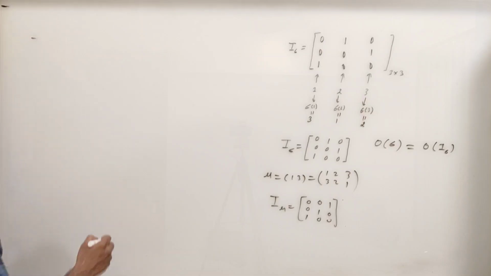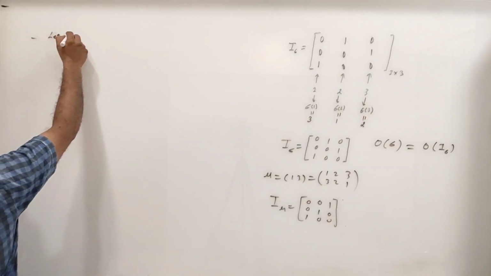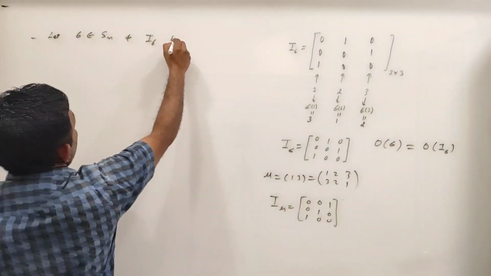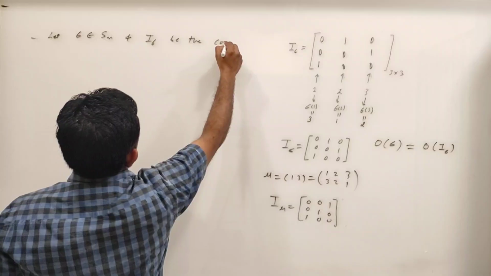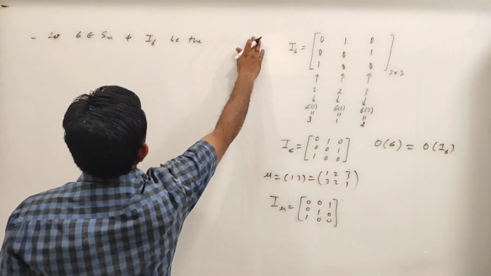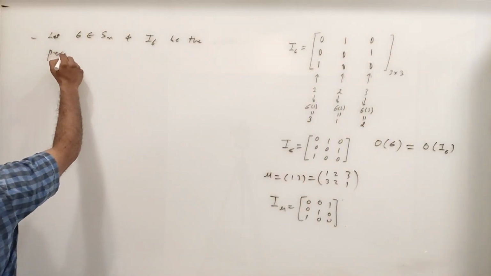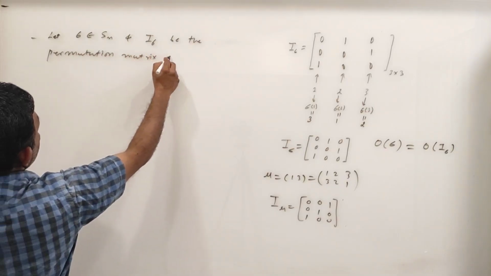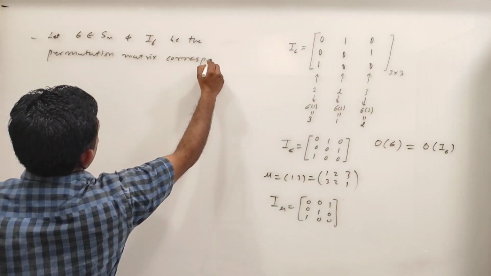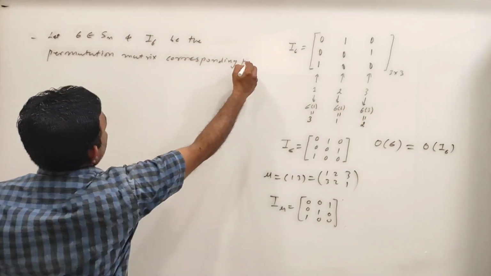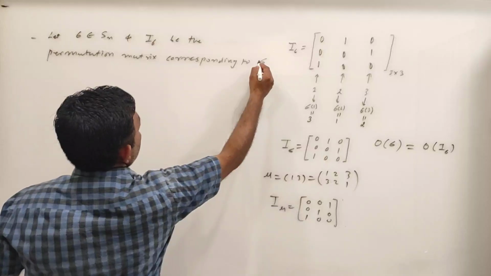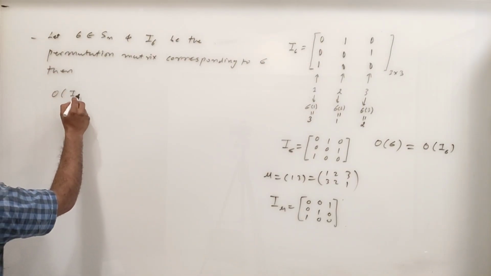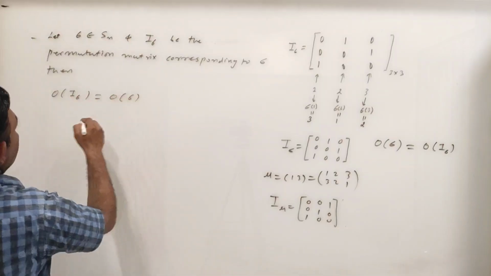First property: let sigma belong to Sn and let I sigma be the permutation matrix corresponding to sigma, then the order of I sigma is the same as the order of sigma.